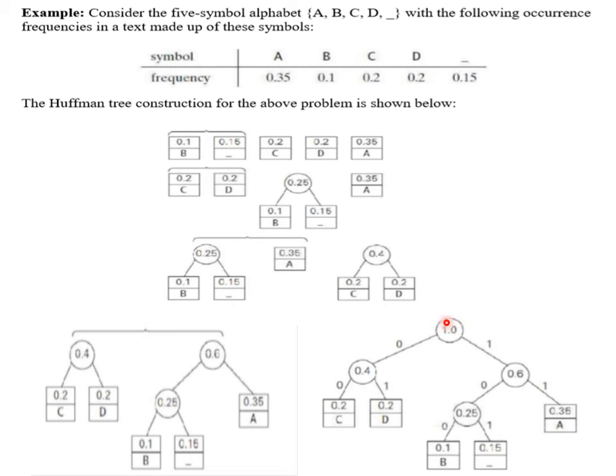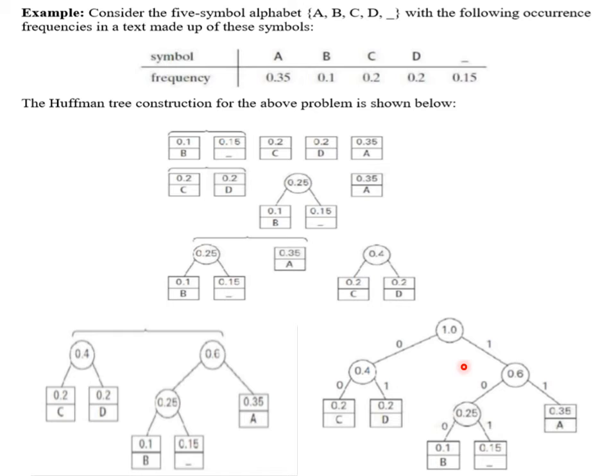Similarly, right is 1, left is 0. Now the leaf nodes indicate the characters, C, D, B, underscore, and the non-leaf nodes indicate the sum of the weights of the characters below them. So it is a binary tree.